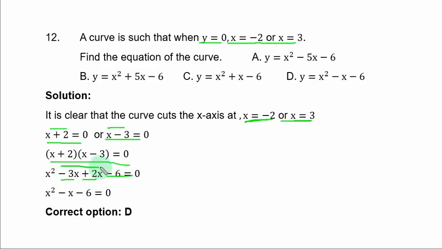If you add like terms, you have x squared minus x minus 6 equal to 0. Since y is equal to 0, you have y equal to x squared minus x minus 6. So D is the correct option.